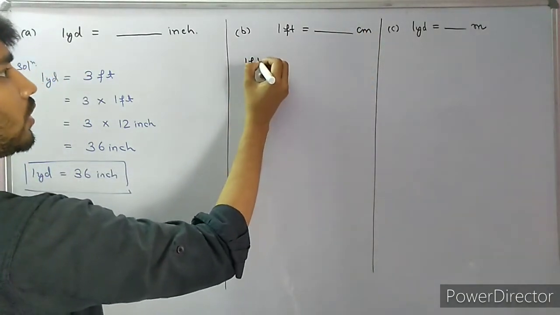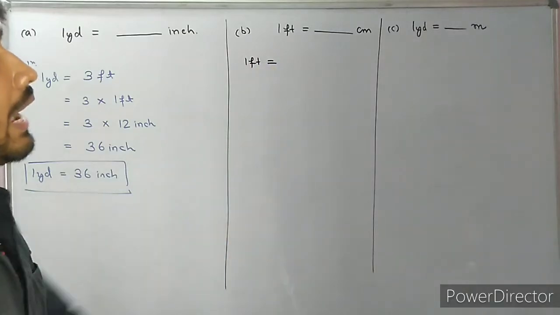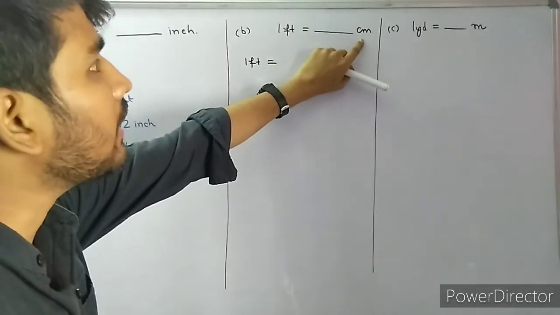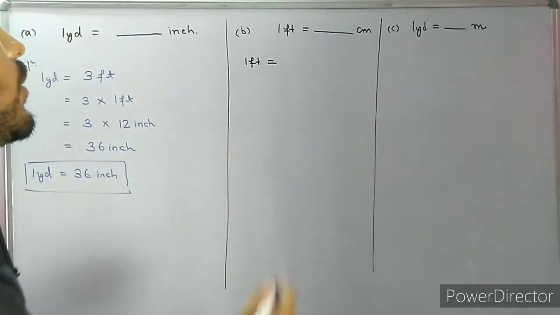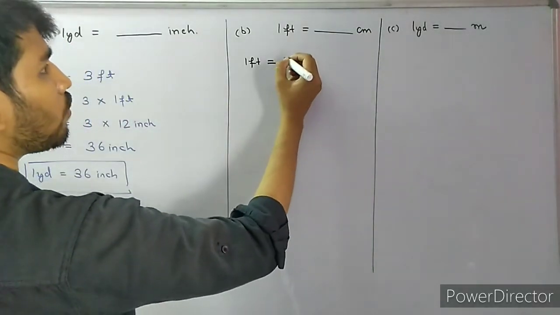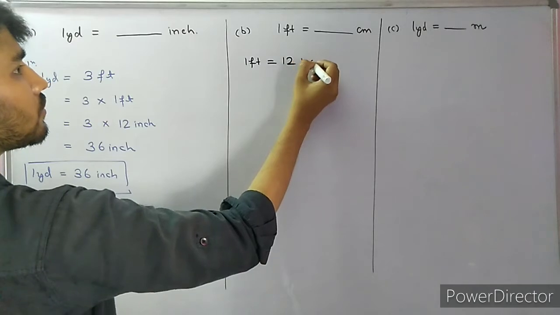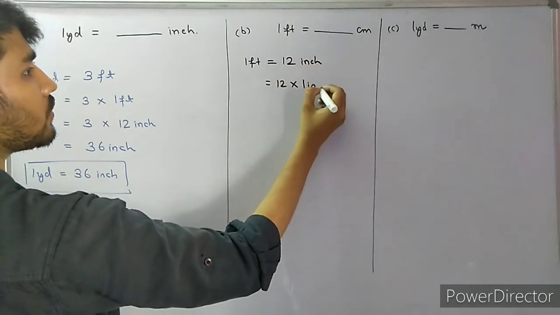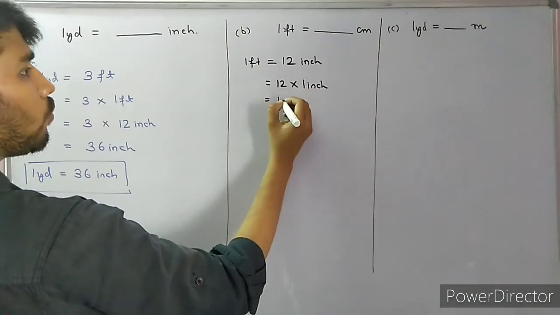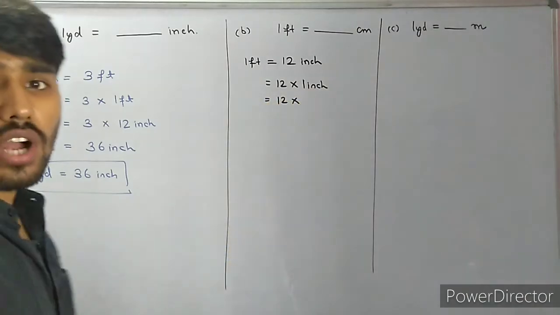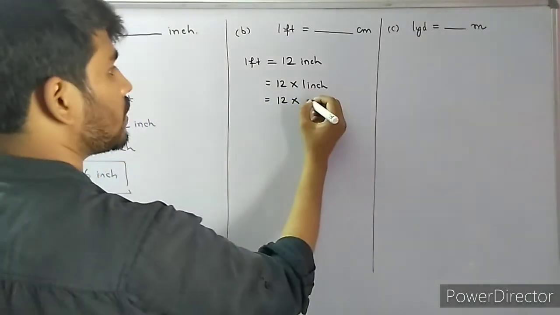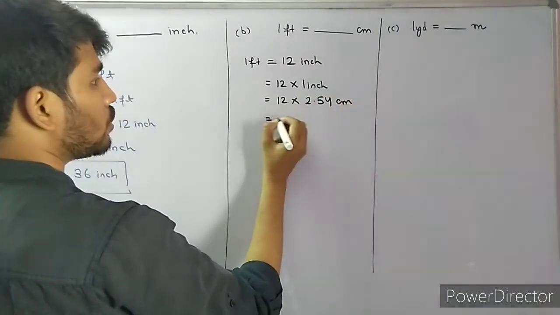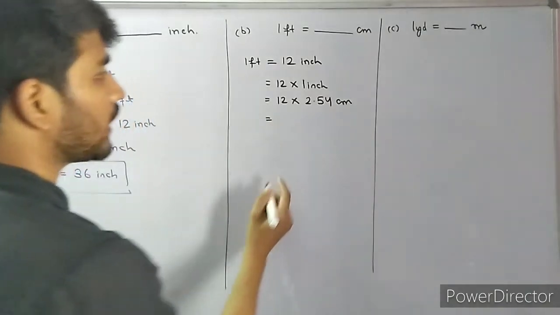Now, let's do this one. We know that 1 foot, I have to convert it into centimeter. So first I'll convert it into inch, then I'll convert it into centimeter. 1 foot is equal to 12 inch, which is equal to 12 into 1 inch. And 1 inch is equal to how much centimeter? 2.54 centimeter. So you just multiply this, you will get the answer.